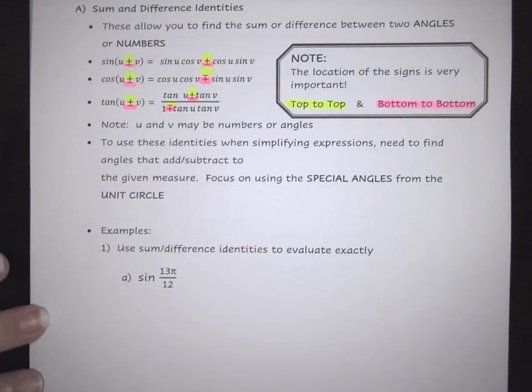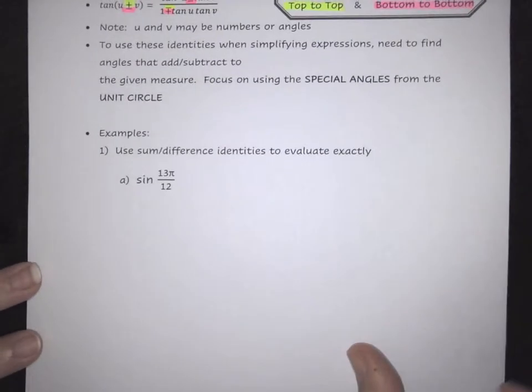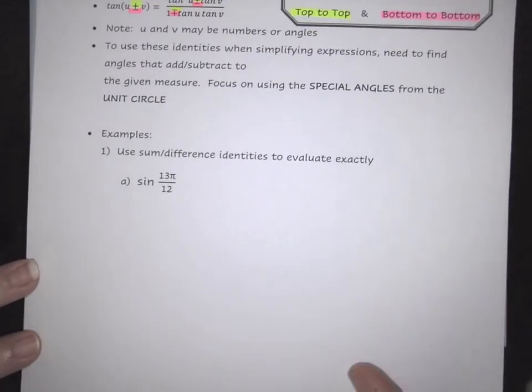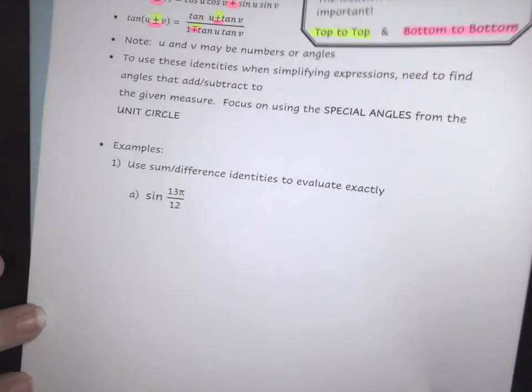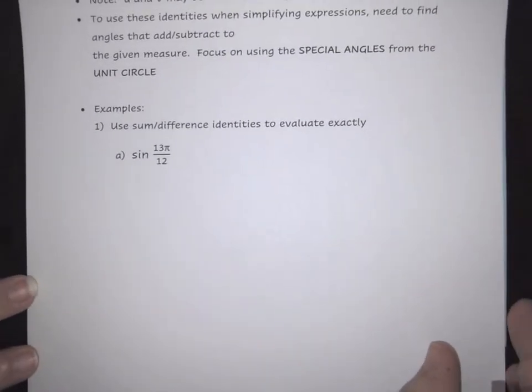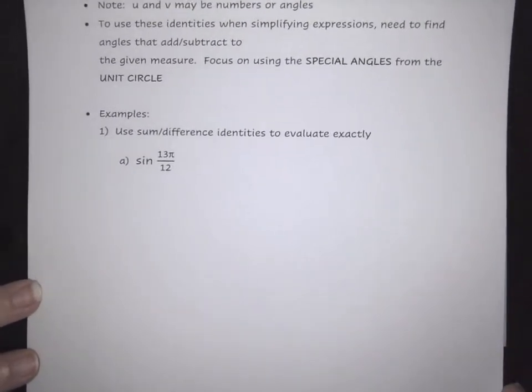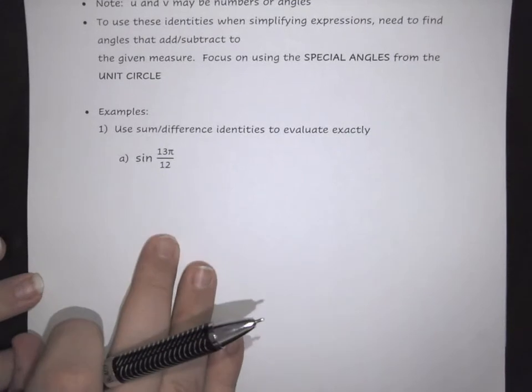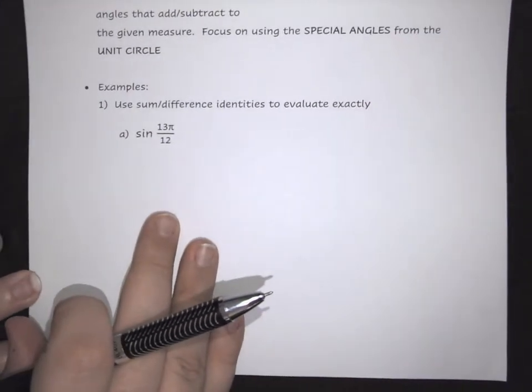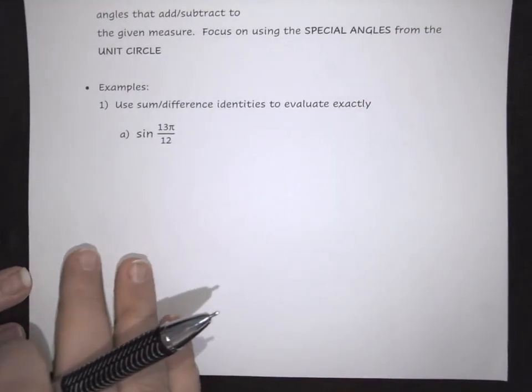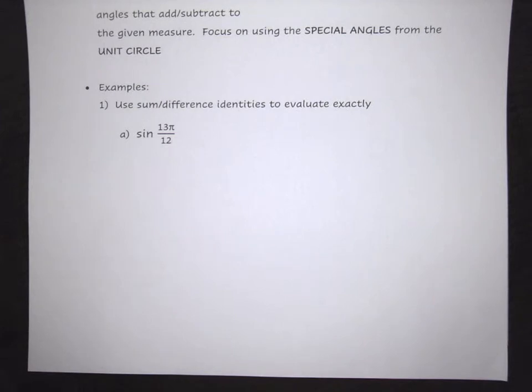Now for some of these, when you are asked to use the sum and difference identity to solve a problem, you'll find out that you can solve it more than one way. That's going to be true for this first one. So I'm going to show you how we can first solve this using a difference identity, and then how we can solve it using a sum identity.